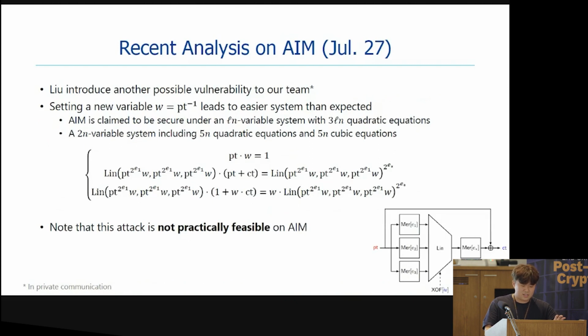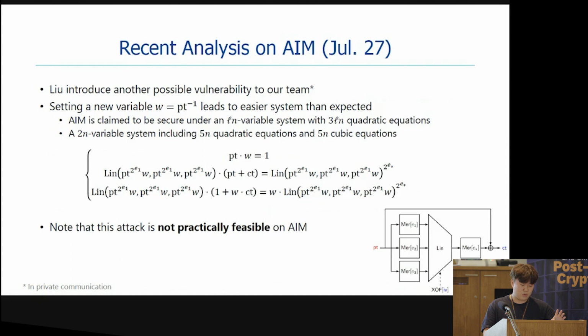The second analysis on AIM is on July 27. Liu, the same person, introduced another possible vulnerability to our team in private communication. He said that setting a new variable w equal to the inverse of the input leads to an easier system to solve.